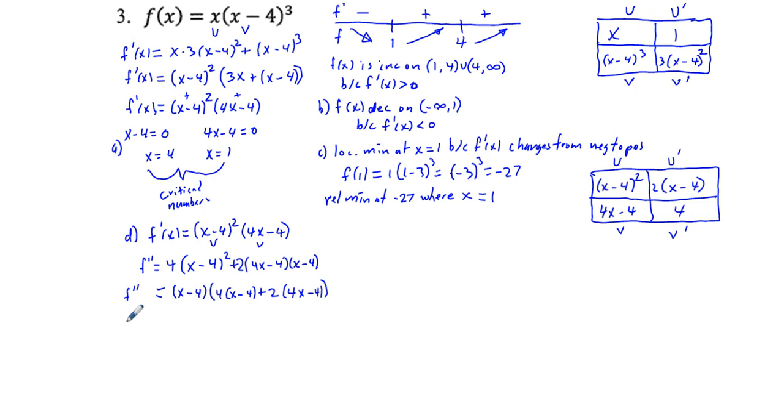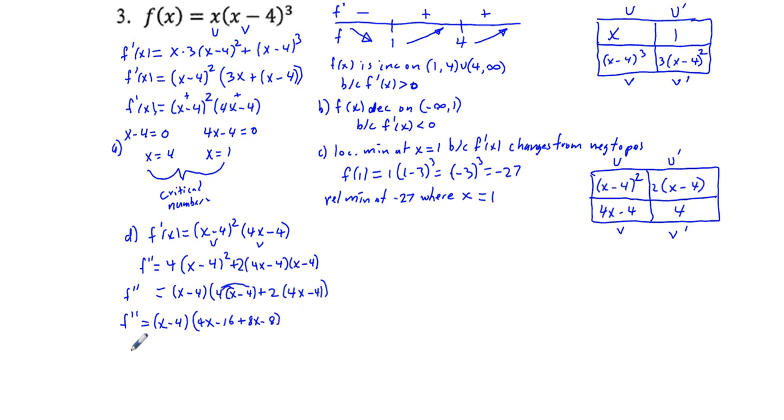Okay, and then f double prime, just simplifying, is going to be this quantity x minus 4 times 4x minus 16, right, and then plus 8x, and then minus 8.